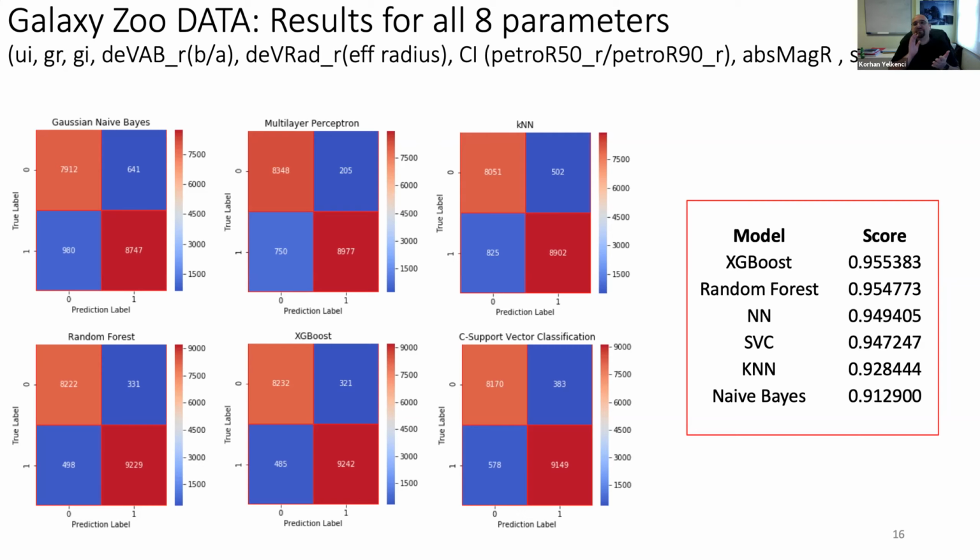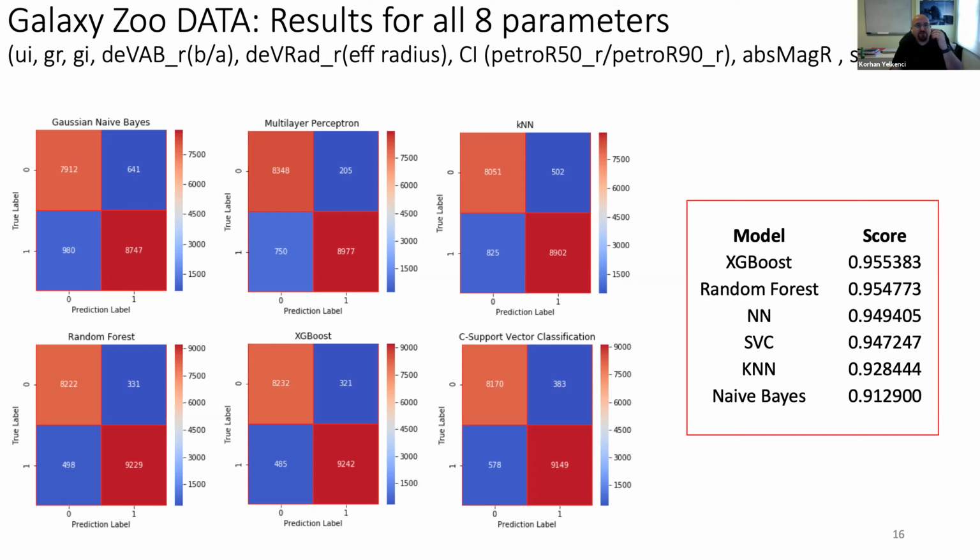The true label is given in advance, and the program predicts which type of galaxy it is, and these are the numbers. There is a good correlation, as you see, the 95% is very high for the prediction.